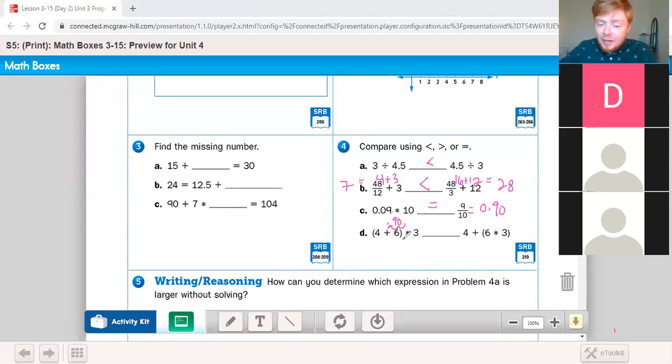And last one, remember PEMDAS, PEMDAS, we do parentheses first, which, erase all of these things. Okay, that's 4 plus 6, which is 10, so it'll be 10 times 3. And then 6 times 3, which is 18, right?